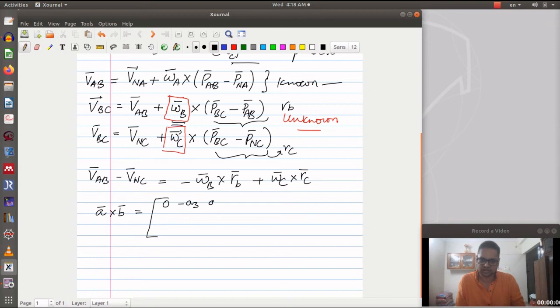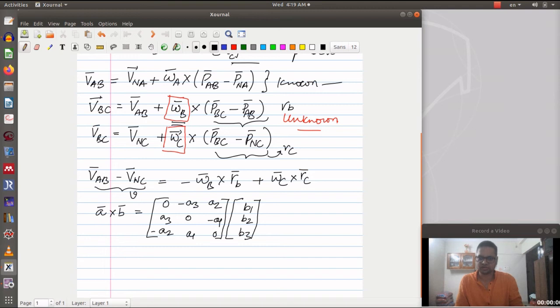Here 0, minus A3, A2; A3, 0, minus A1; minus A2, A1 and 0. Yeah, this is your skew symmetric matrix multiplied by B1, B2, B3. So your matrix multiplication can be written in this form. So we will use this in our equation.